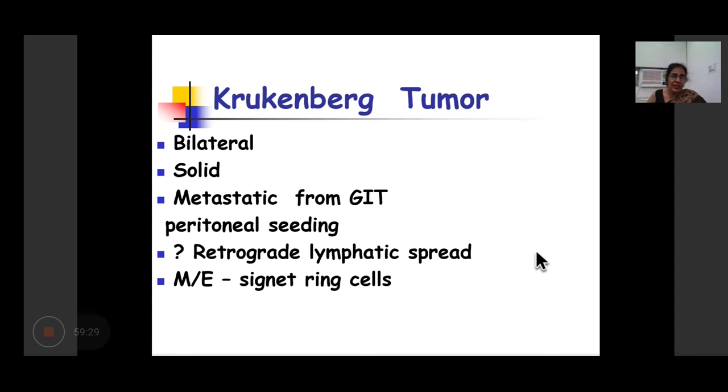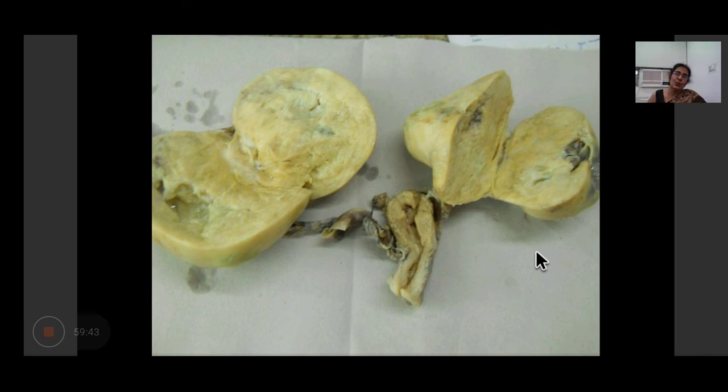Generally, the metastasis occurs from a tumor from the gastrointestinal tract, most commonly from the stomach, can occur from the gallbladder or colon, and this is a direct peritoneal seeding or maybe a retrograde lymphatic spread which has been seen. So because it is coming from the gastrointestinal tract, microscopically it will show signet ring cells.